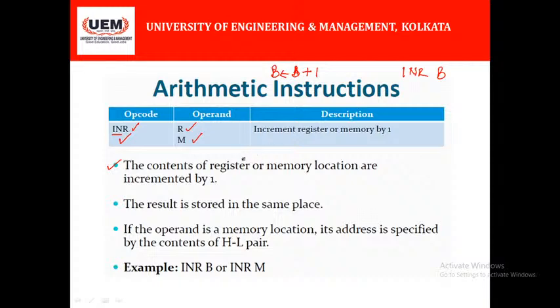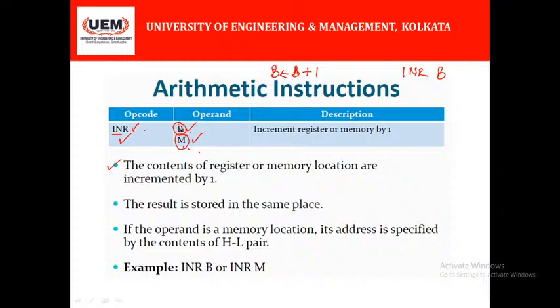In case of INR B, we observe it is basically a 1 address instruction, because either we can specify a register or we can specify memory. It is in either memory addressing mode or register addressing mode. INR M, what happens? One of your source operands is stored in the M memory location, so it is in memory addressing mode.